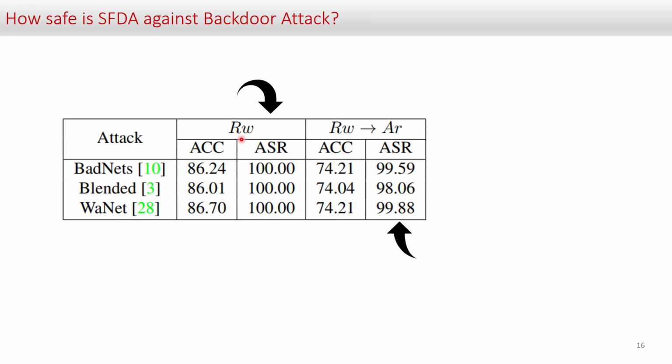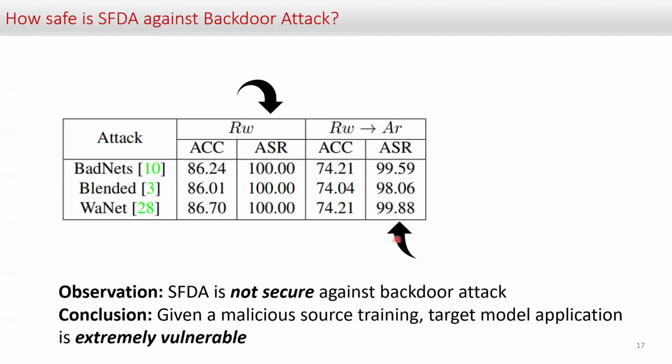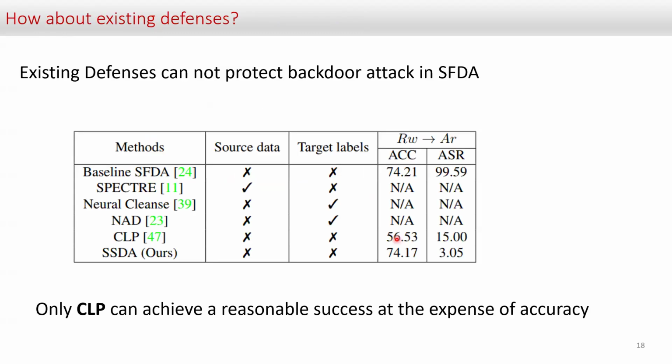Now, once this model has been taken by a target owner and they adapt it to a new kind of domain, let's say the AR domain, the attack success rate is still significantly high. This observation concludes that SFDA is not secure against backdoor attacks. Given a malicious source training, the target model is also extremely vulnerable.